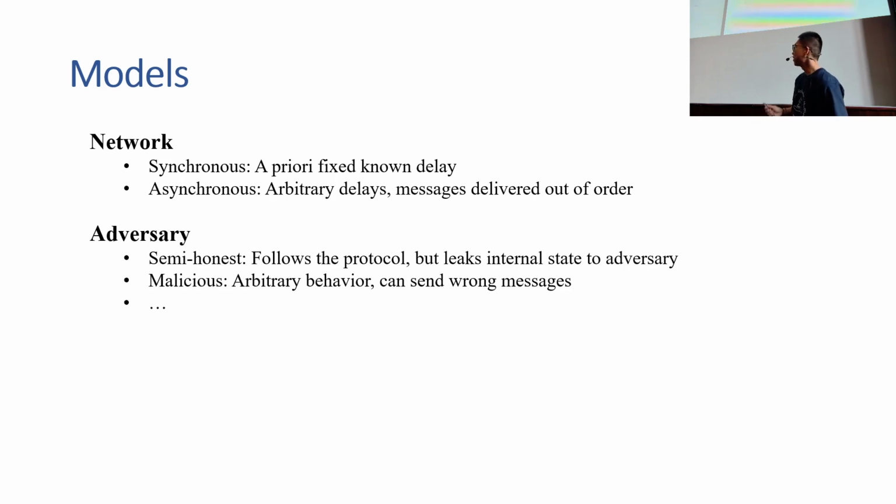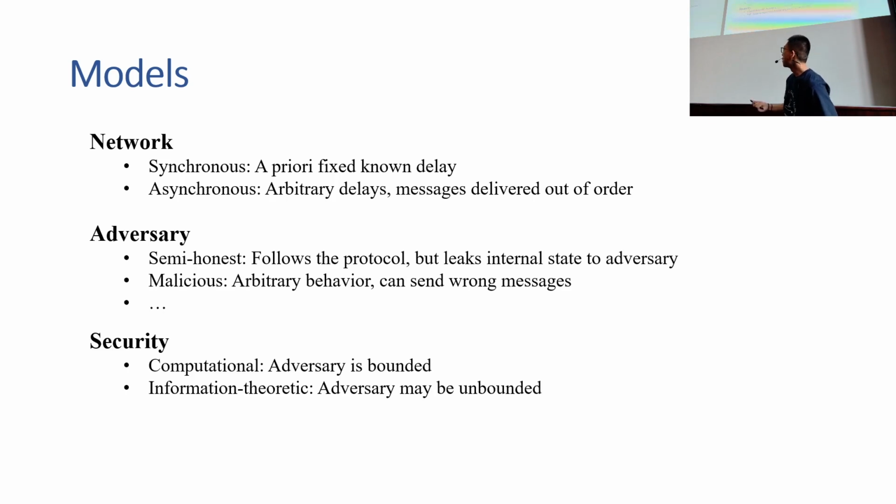For the adversary, we can consider semi-honest security and also malicious security. For the computational power of the adversary, if you consider the computational setting, then you can use cryptographic tools, or you can assume that the adversary is unbounded, which corresponds to information-theoretic security. So in this work, we consider the asynchronous setting with a malicious adversary and information-theoretic security.